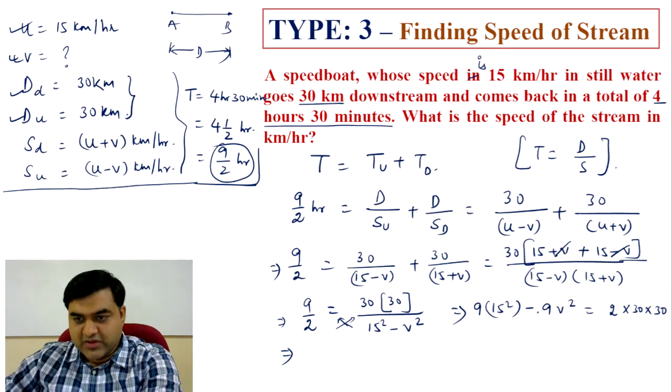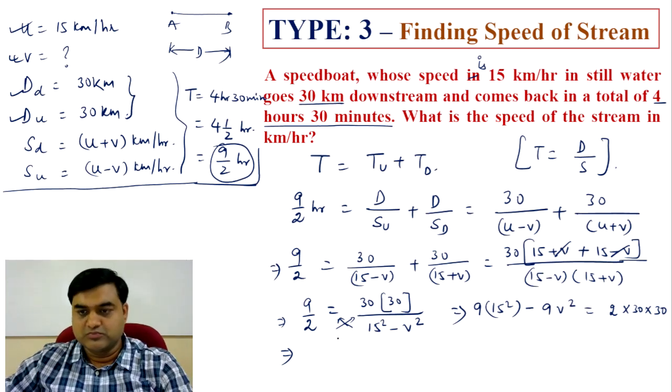now if we want to find 9v square, right? So that shows this 9 anyways we would have taken common.